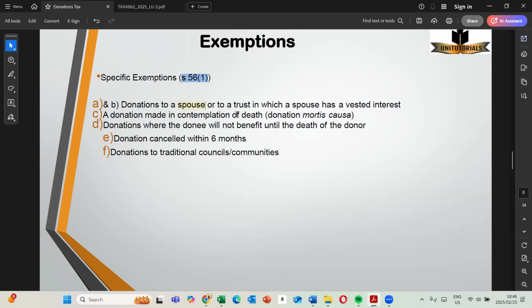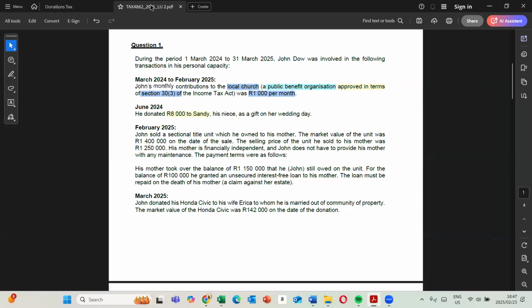SARS is saying you can give to your wife or husband or spouse, and we're not going to tax you. It's exempt. Now, is a niece a spouse? No, it's not. So this one is subject to donations tax.